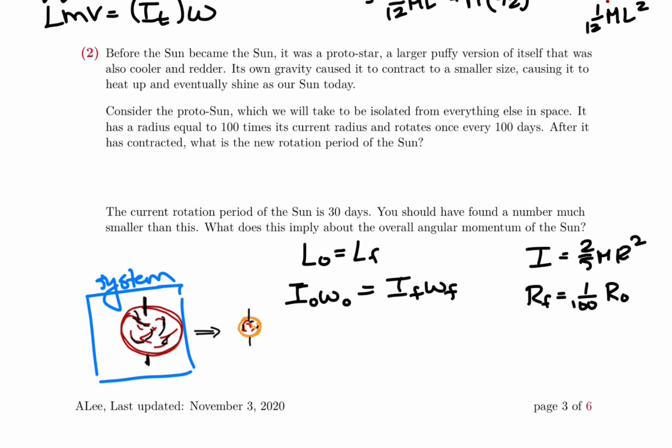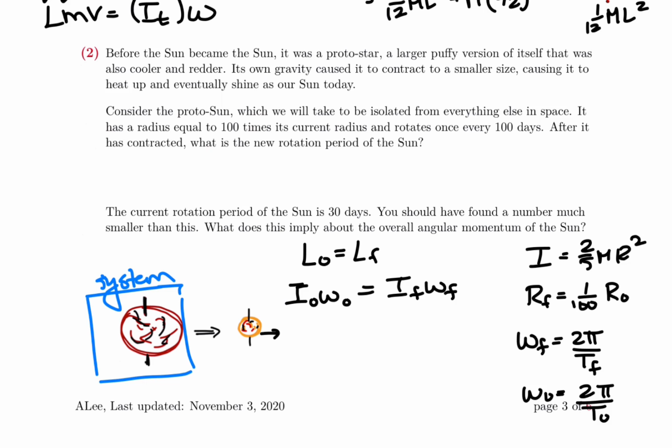And we ultimately want to find omega final, which I'll note is the same thing as 2 pi divided by the final period. And the initial angular velocity is 2 pi divided by the initial period, which we do know.